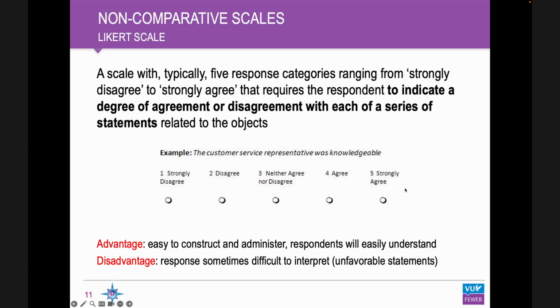The fourth one is, on an average weekday, how much time do you spend doing your homework and class assignments? Less than 30 minutes, 31 to 60 minutes, 60 to 120, etc., etc. So what do you think the measurement level here is?